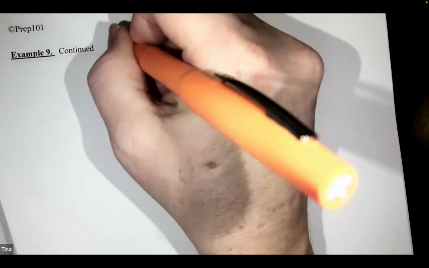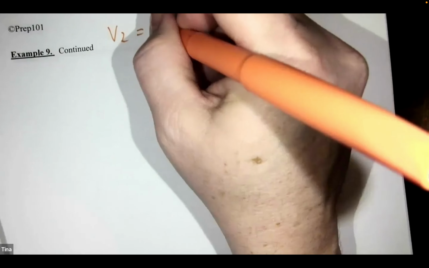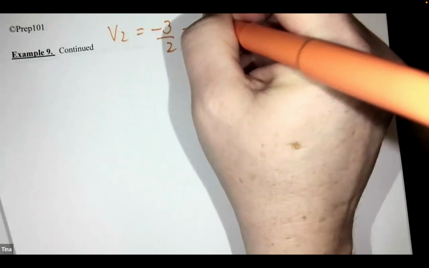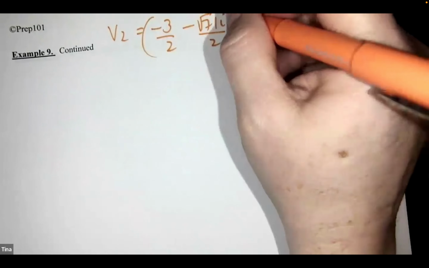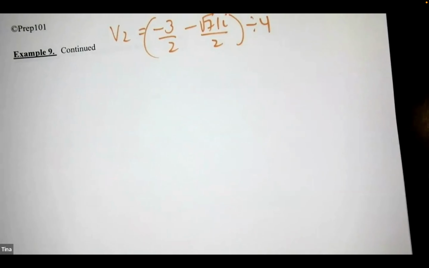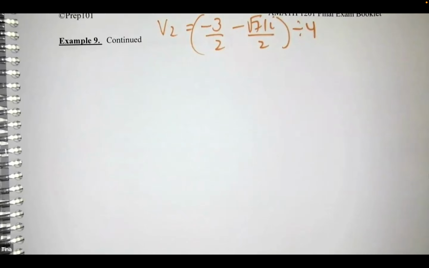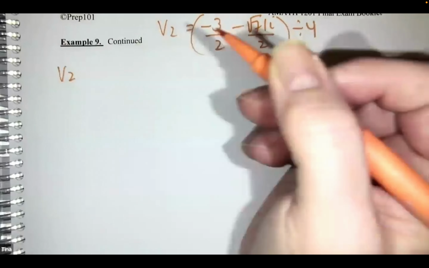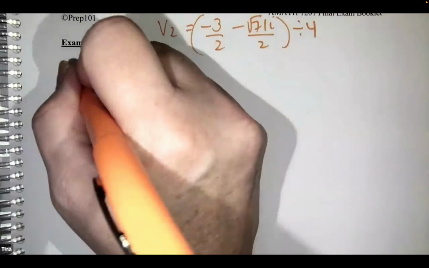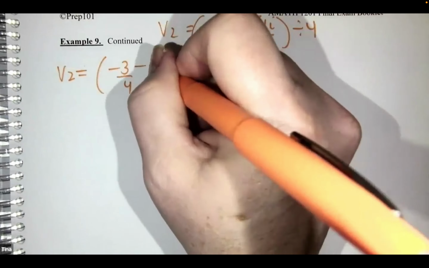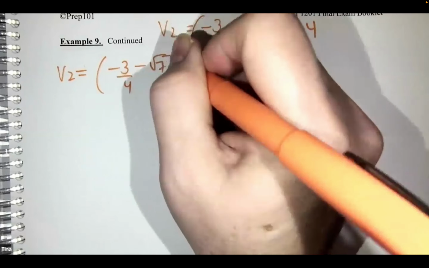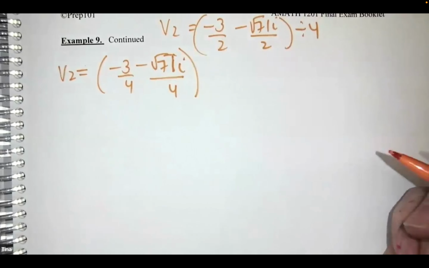Okay, so that means my v2 has to be that over 4, right? If we're dividing by 4, it's like multiplying by a quarter, so it's -3 over 4 minus root 71i over 4.